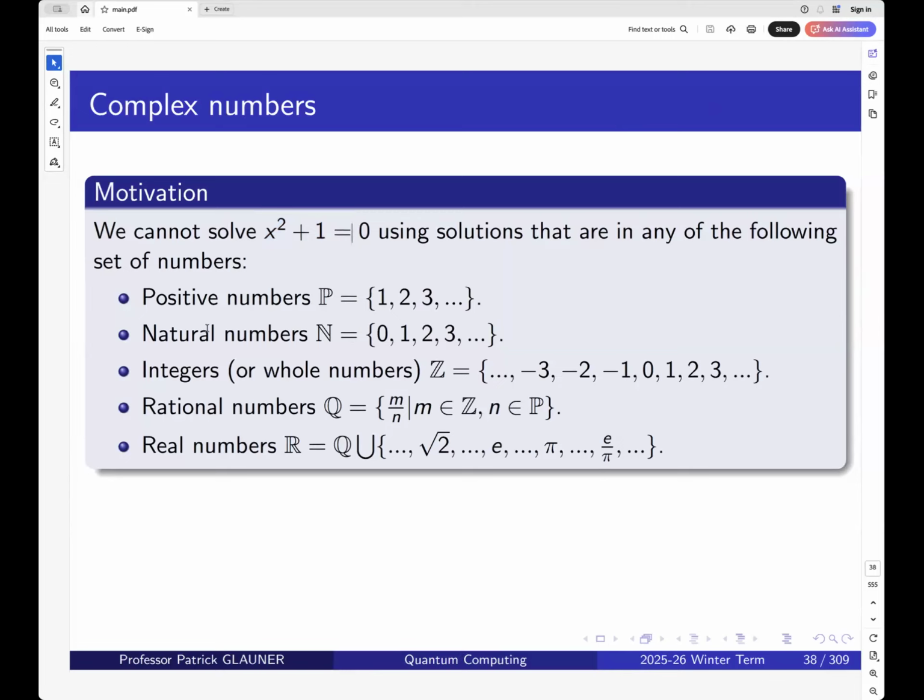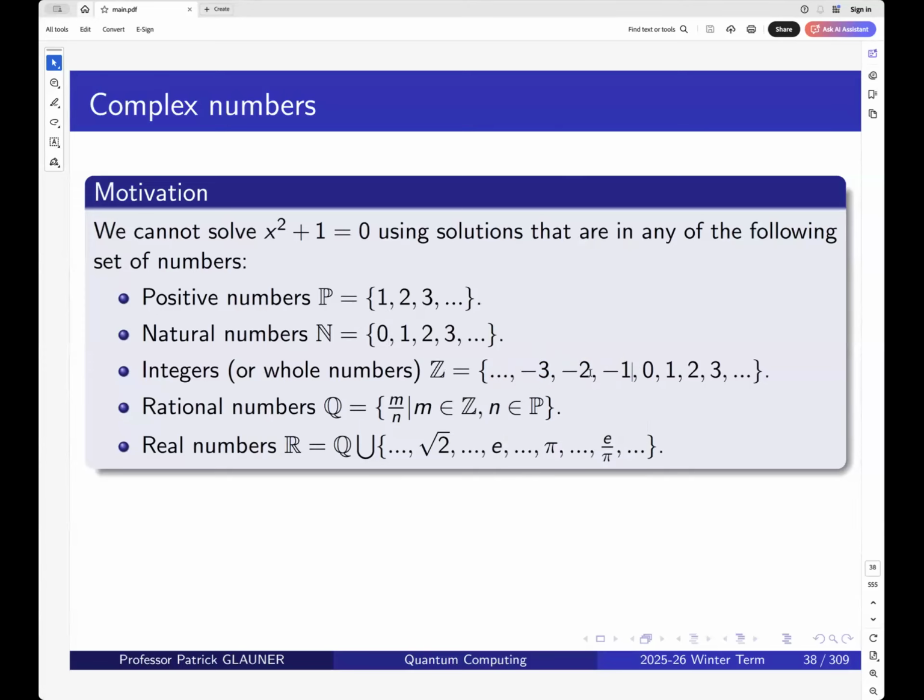So we can look quickly at these sets. The positive numbers are the numbers 1, 2, 3, and so forth. For the natural numbers, we take the positive numbers and extend them with a 0. So it's 0, 1, 2, 3. Integers, or so-called whole numbers, are the positive numbers, but also the negatives of the positive numbers.